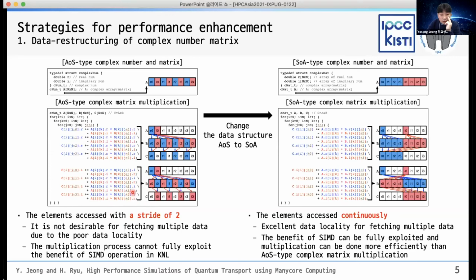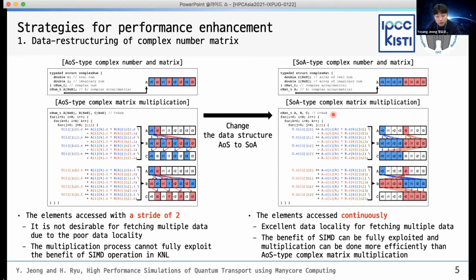So this type of multiplication process cannot fully exploit the benefit of SIMD operation in KNL, because the SIMD operation needs to fetch multiple data to the vector processing unit. So we need to change the data structure of complex matrices to a structure of arrays, since our original QE code adopted an AOS type data structure.